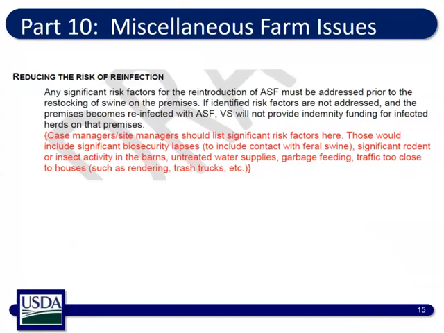Would that be an issue for spread into feral swine or reintroduction into this herd from feral swine? So this is just a section that if there's anything specific to this farm that is identified during this herd plan process, that needs to be spelled out, it can be placed in this section.